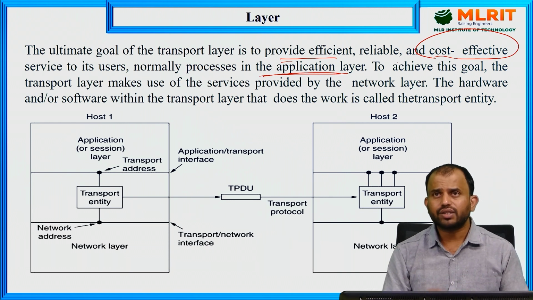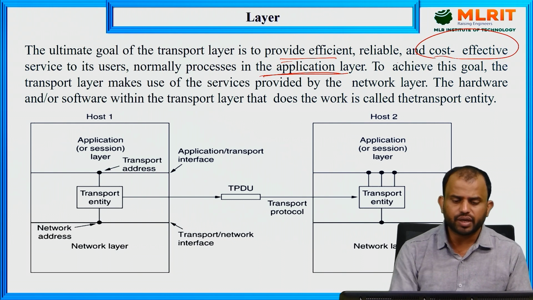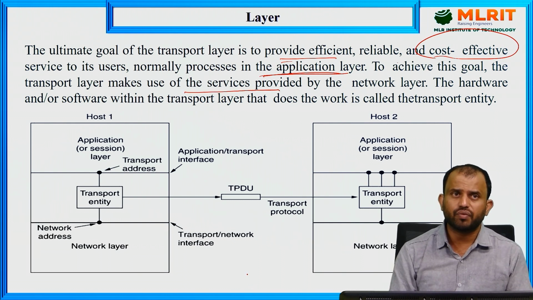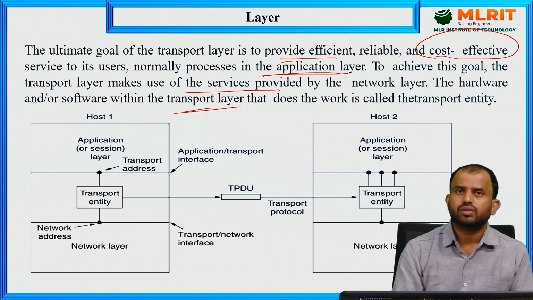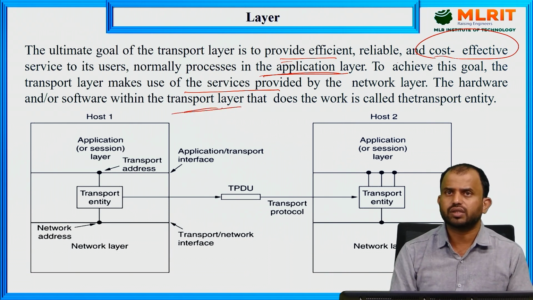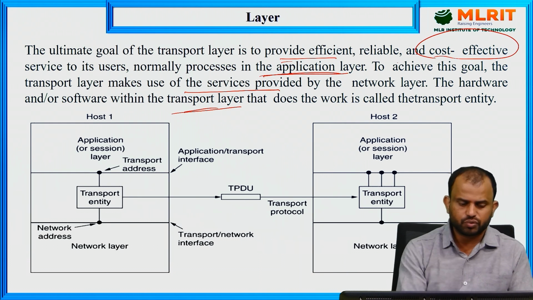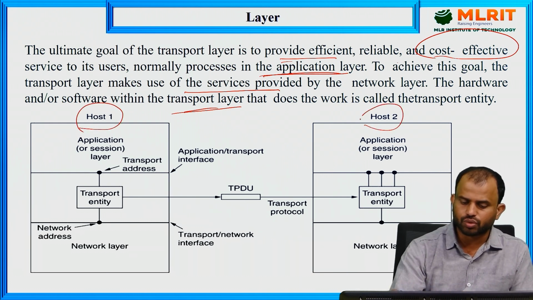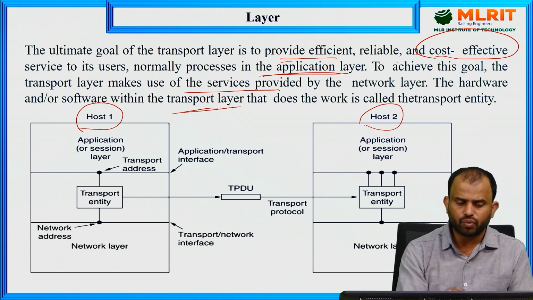And to achieve this goal, the transport layer makes use of the services provided by the network layer. So that is what kind of hardware or software mechanism we are using. Within the transport layer, initially we call this the transport entity. While you observe this image, we have host 1 as well as host 2. The information is transmitted between host 1 and host 2.